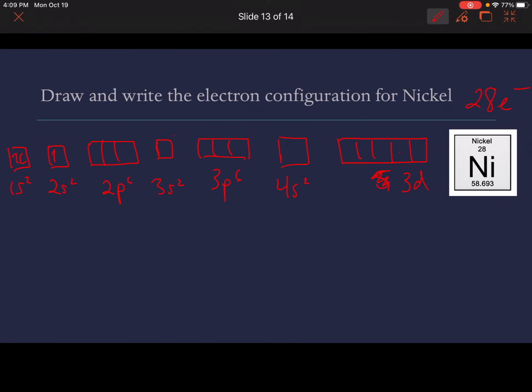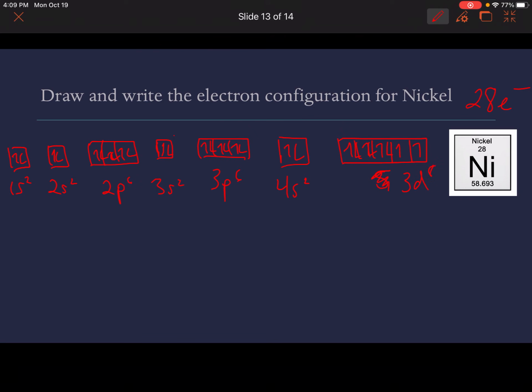So 1, 2, 3, 4, 5, 6, 7, 8, 9, 10, 11, 12, 13, 14, 15, 16, 17, 18, 19, 20, 21, 22, 23, 24, 25, 26, 27, 28. Sorry, that's super sloppy there in the 3d, but we're close, so we need 3d8 there.